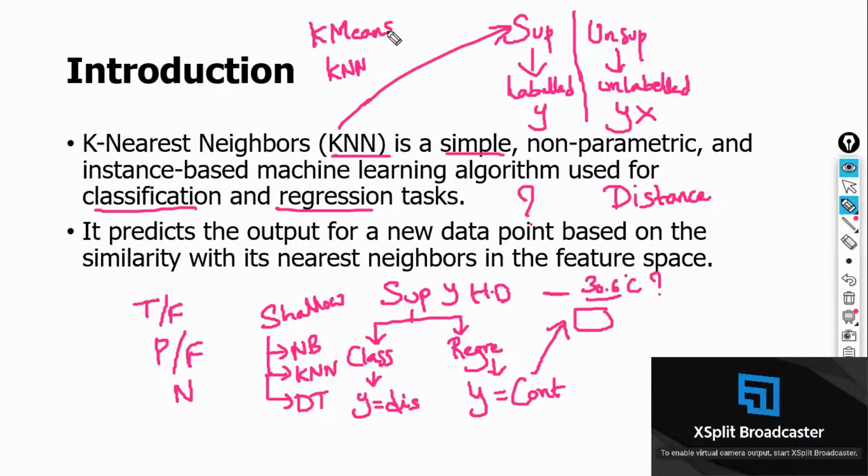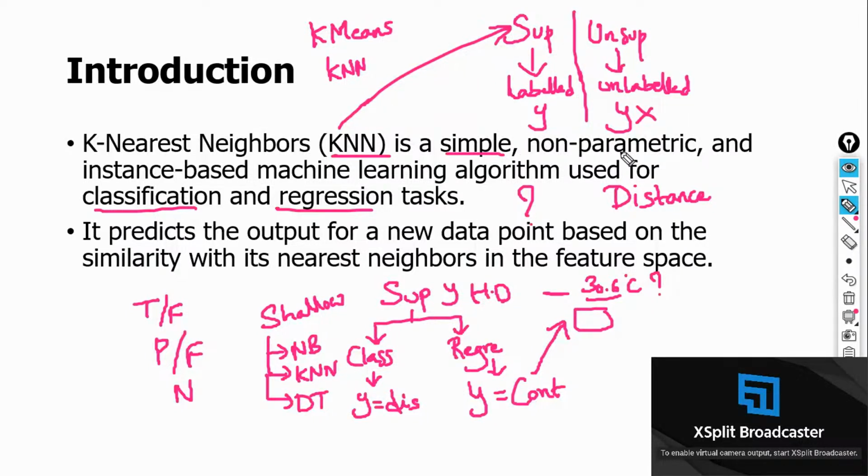In K means, K represents the number of clusters. Then what is K representing in nearest neighbors? Everything we are going to understand step by step. We are slow and steady. Let us be slow and steady. We win the race. That's it.